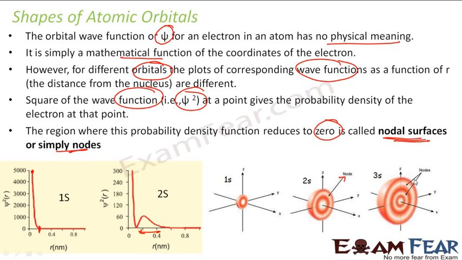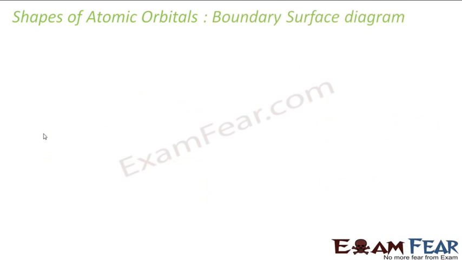For 3s also, this is 3s, the bigger circle, then I have 2s, then I have 1s. These two are the nodes where I have zero probability of finding electrons. So nodal surfaces or nodes are the places where we have zero or very little probability of finding electrons.